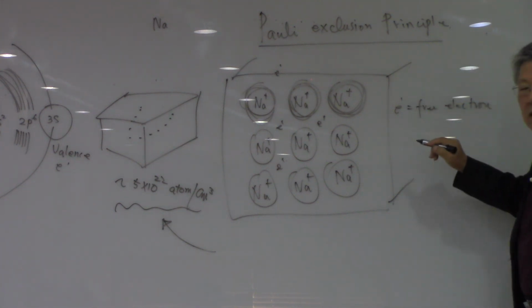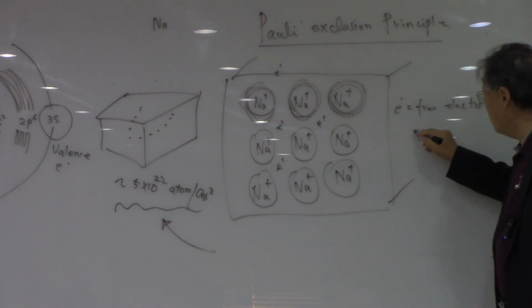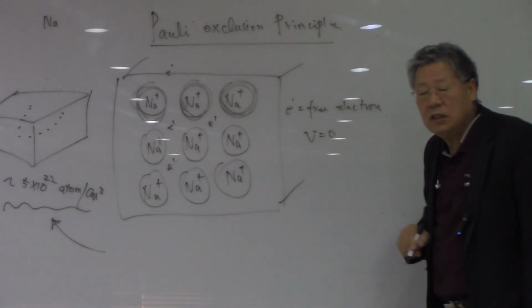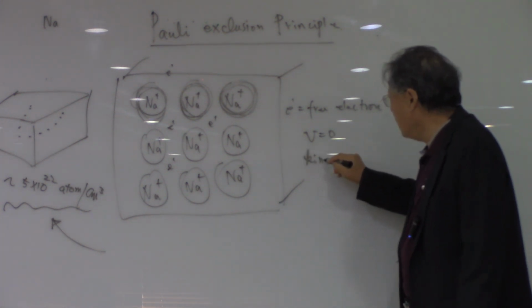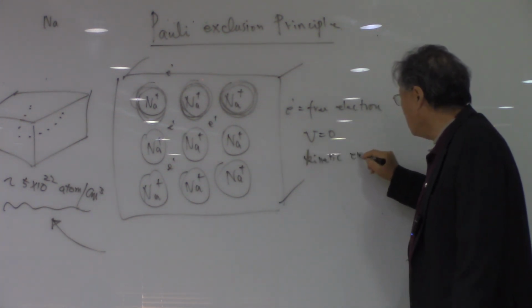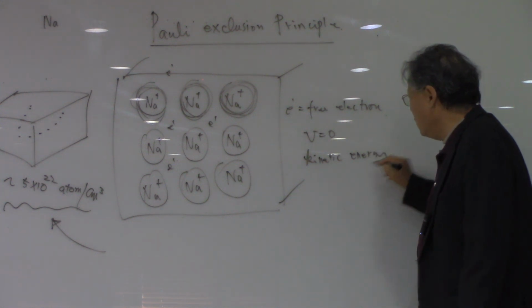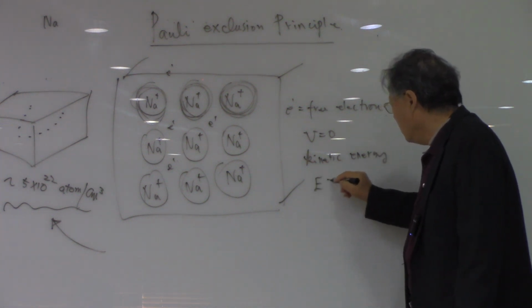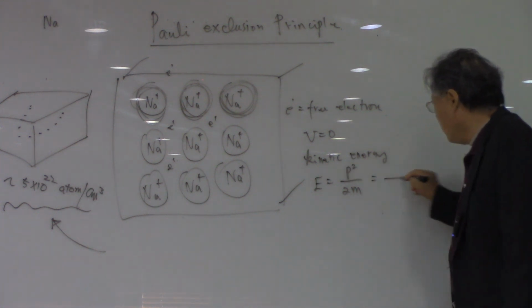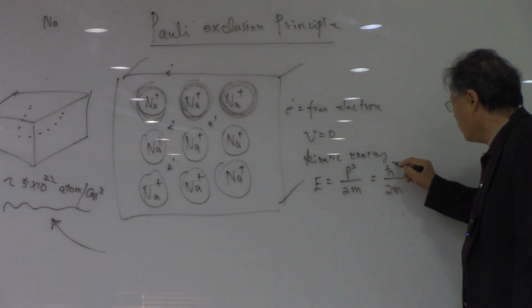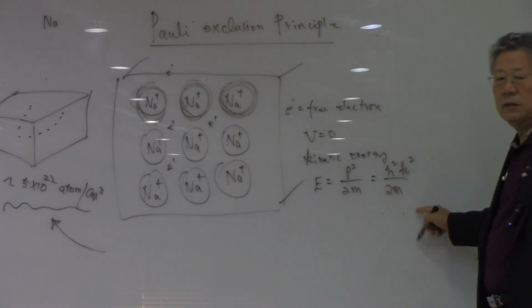And we think the potential energy is 0 and it only has kinetic energy, which is p squared over 2m, that is, h bar squared k squared over 2m, something like this.